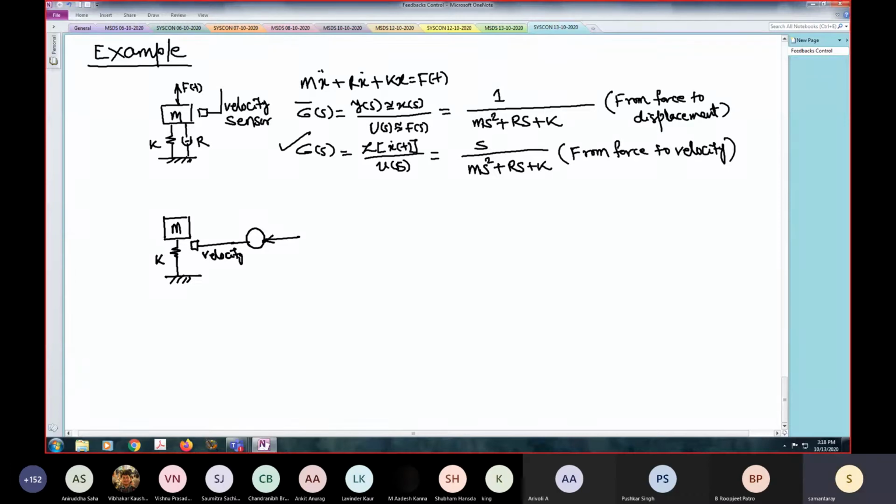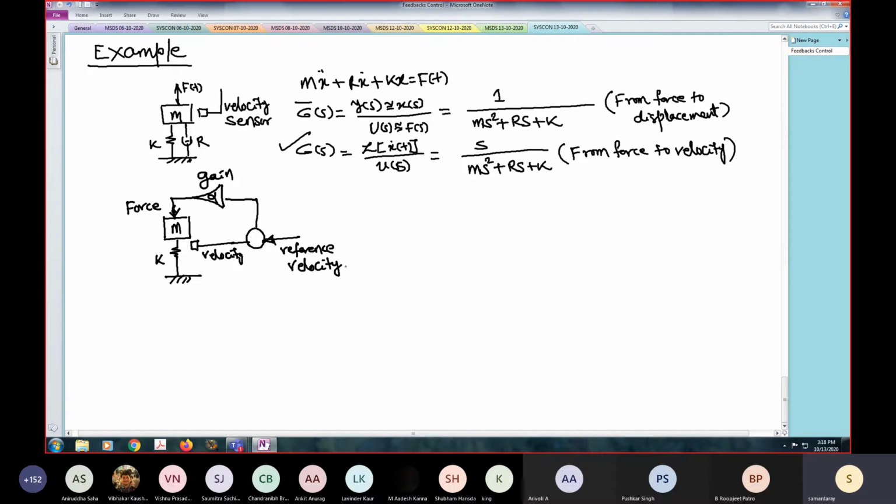There is some reference velocity. Whatever you sense, that will be the reference velocity. Some gain, say alpha, applies a force, whatever direction, force. So this is my modified system.